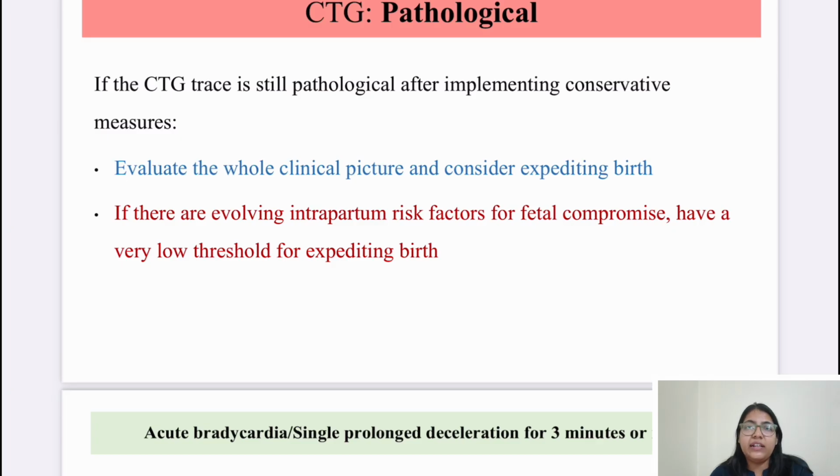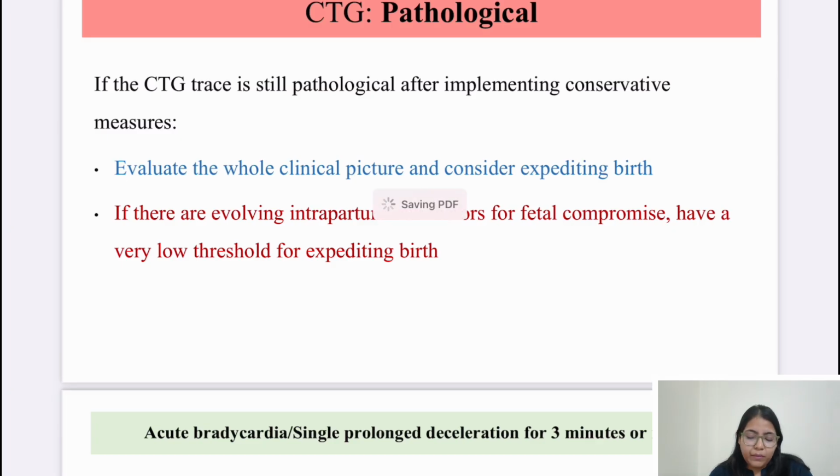Suppose there was tachycardia, you made the patient lie in the left lateral position, there was oxytocin going on, hypertonus was there, so you stop the oxytocin, and you then again saw that there was a hypertonic uterus, so you stop the oxytocin also. So these are all conservative measures. By doing this, sometimes the abnormality settles down.